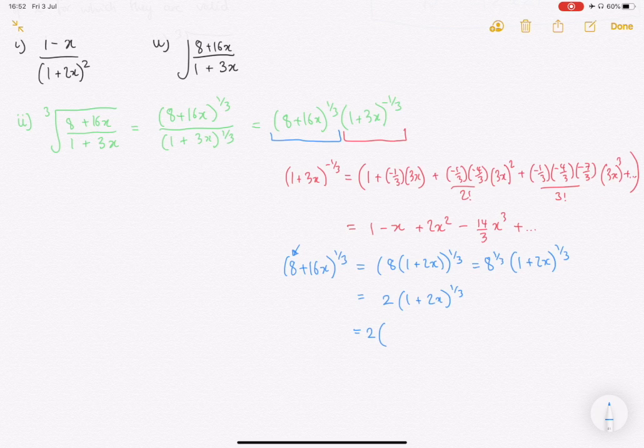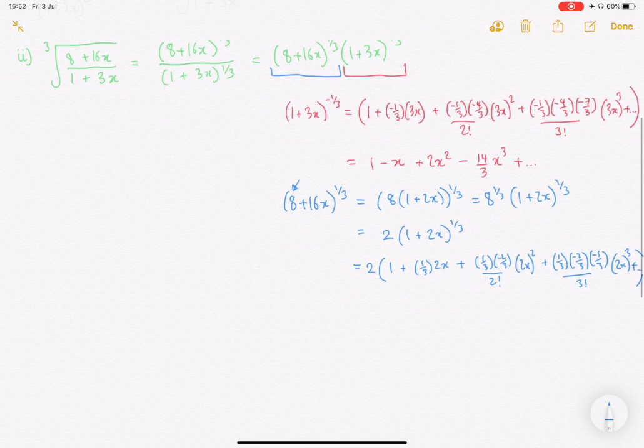This is 2 lots of 1 plus nx, which is a third, times 2x, plus a third times minus 2 thirds over 2 factorial lots of 2x squared, plus a third times minus 2 thirds times minus 5 thirds over 3 factorial lots of 2x cubed plus higher order terms.